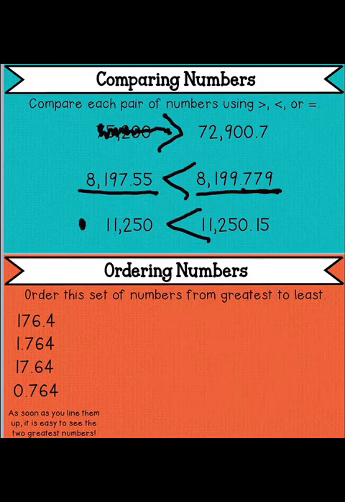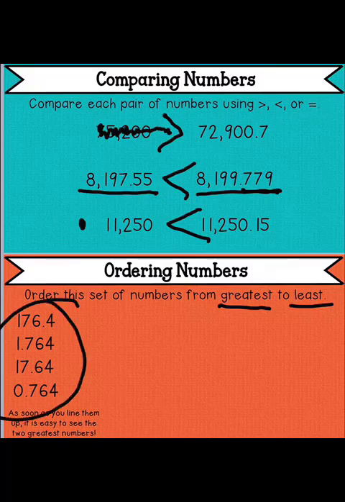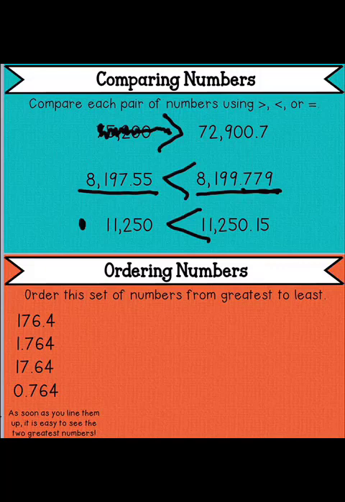Let's look down below. This says, order this set of numbers from greatest to least. From greatest to least. So we need the biggest number on top. Well, here are our numbers. Let's line them up. I need to make sure I line them up by the decimal. So first, I have 6, 7, 1. Okay. The next number, put my decimal.